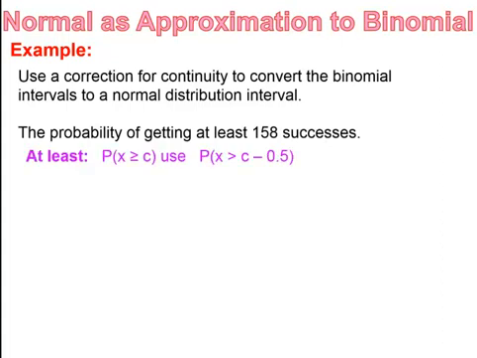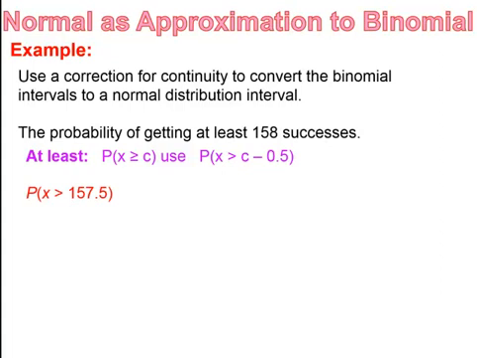So our interval notation would be P of x greater than, and you would subtract 0.5 from that 158. So the corrected interval here would be x is greater than 157.5.